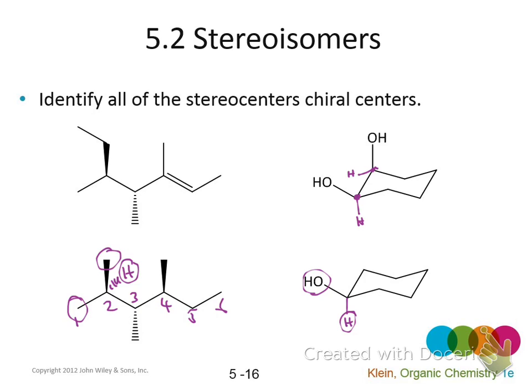If you think about looking at that from the top, that's what it looks like. You see what I talked about before? It has a plane of symmetry in the middle. It's not a chiral center.